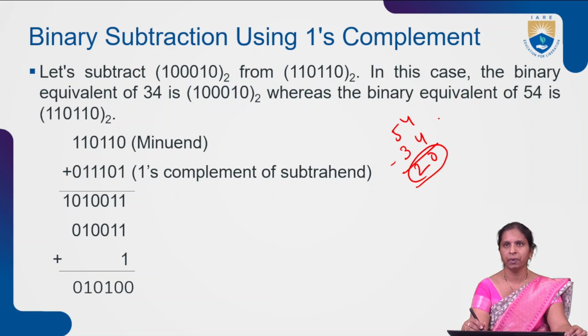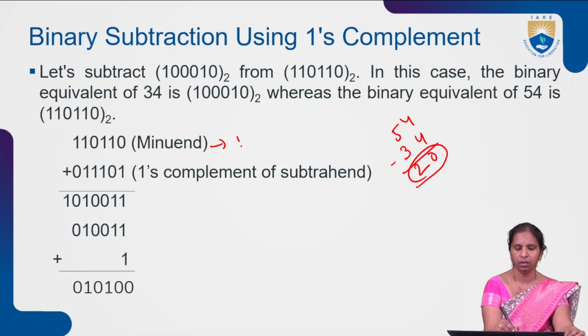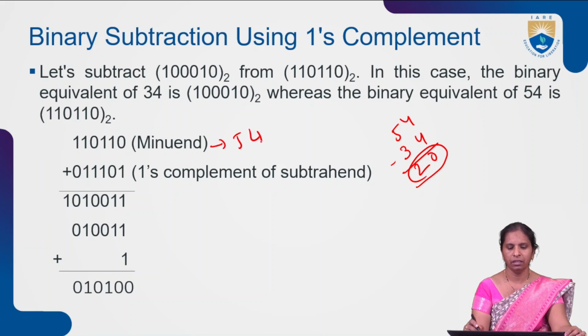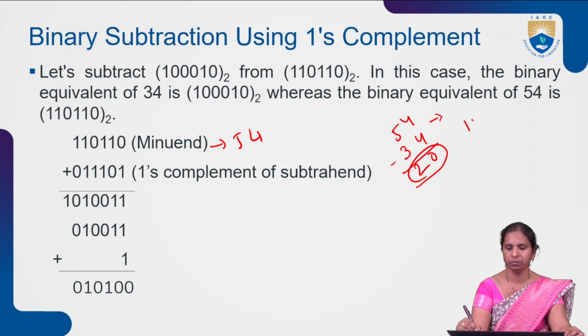Now, what is the binary number of 54? 54 is nothing but 110110. And from this number, you want to subtract the number 34. This is the binary equivalent, 110110, and 34 is nothing but 100010. We want to subtract these two numbers.